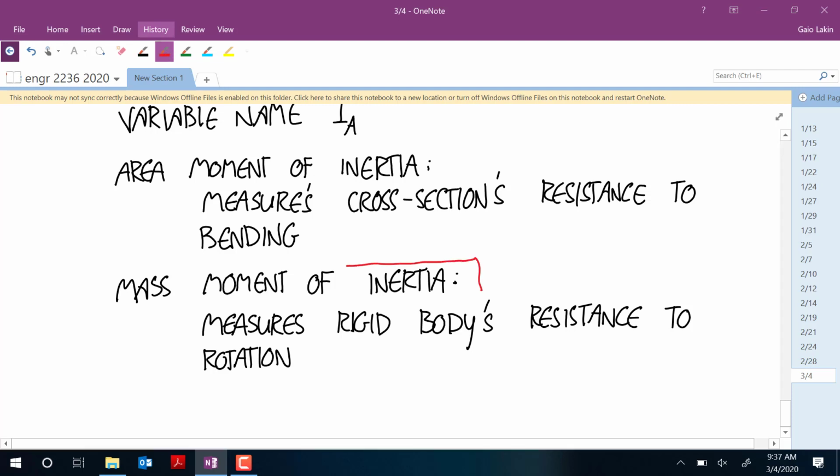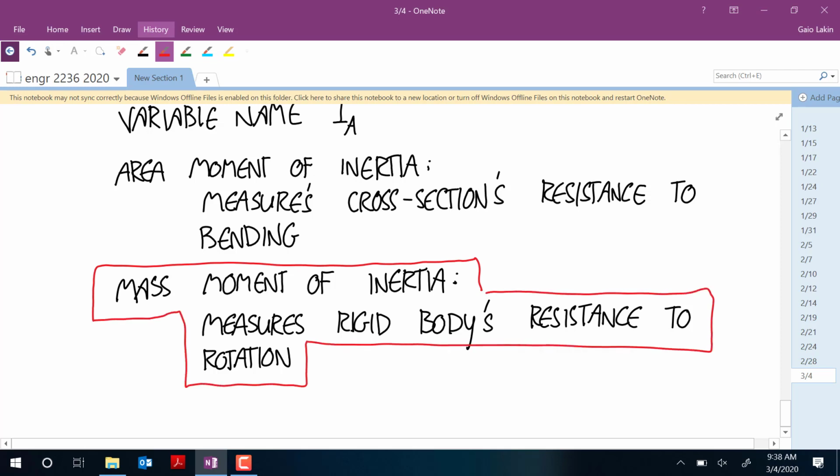So this is the one that we're dealing with, talking about the ability to rotate a rigid body. And you can think of the mass moment of inertia as being exactly rotationally analogous to mass in translation. Like a mass is something that resists acceleration. The mass moment of inertia tells you how well a body will resist angular acceleration. So if you have a big mass moment of inertia, it takes a lot to get it rotating. If you have a small mass moment of inertia, it's easy to get it rotating.